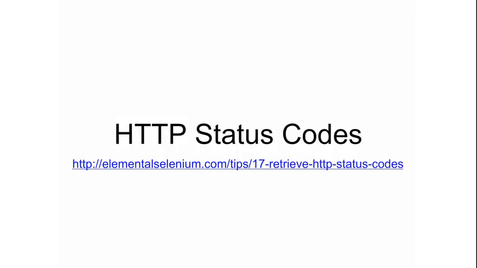The most common ask from a lot of people in automated testing is, how do I actually grab the status codes? Like if this page returns a bad status code, how will I know? I'll preface this tip with: Selenium is really not the right tool for the job, but we can make it do it, and this is how you do that.